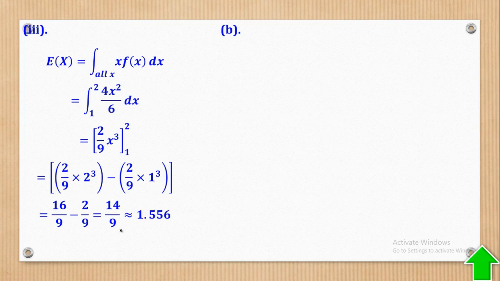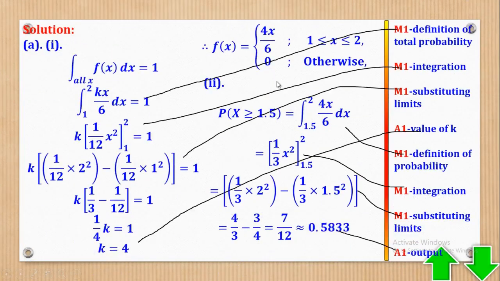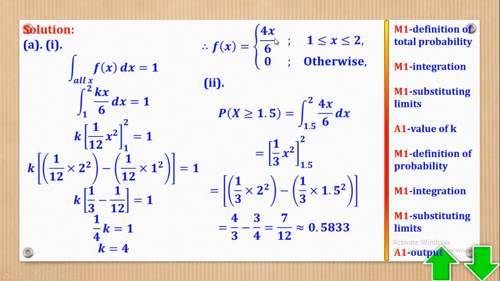So that was Roman 3. Now we shall go to part B. Part B, they wanted us to sketch the graph of fx. Now for you to sketch, you have to find the boundary values. For example, when you go to this question, so you must get the value of fx when x is 1 and also when x is 2.